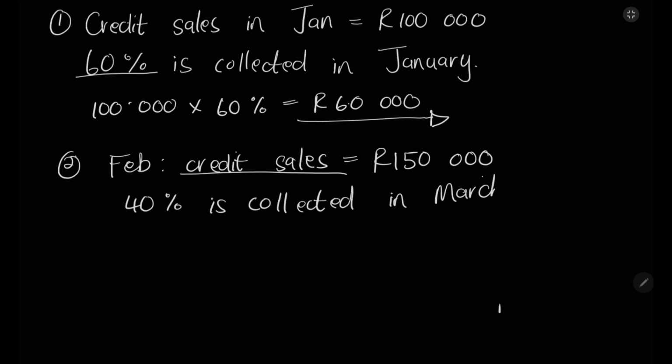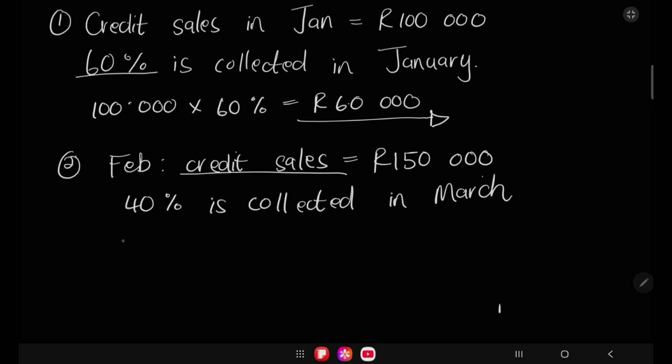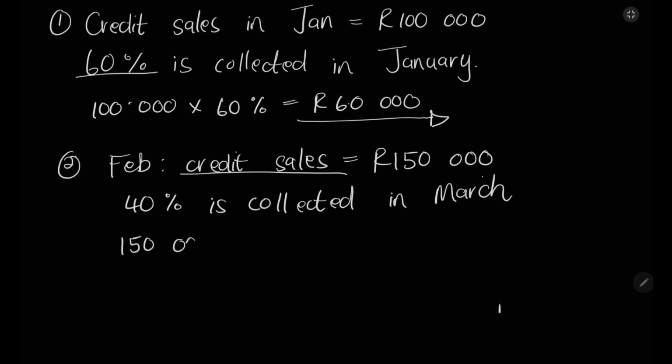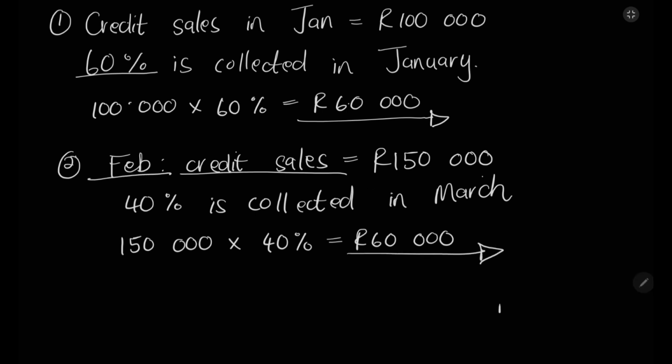It won't always be this straightforward. They always try to trick you guys. So to solve this, you have to say 150,000 rand times 40%, which is 60,000 rand. So the cash received in March from February debtors is 60,000 rand. If you don't understand this, it's okay.